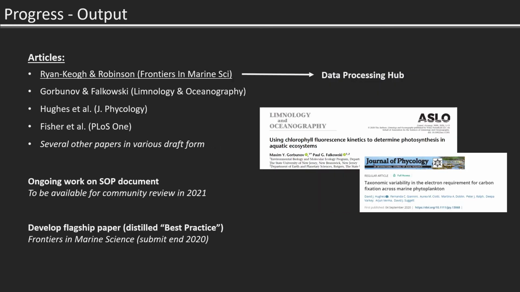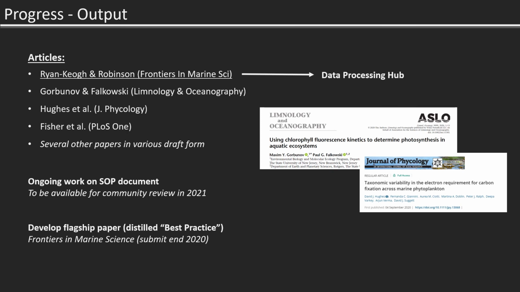Since the establishment of our working group, different working group members have published quite a lot of articles related to our work. One I should maybe point out here is by Ryan, Cook, and Robinson, which should really be out in the next couple of weeks, which is the first initiation of this data processing hub, which we will continue to extend and refine.